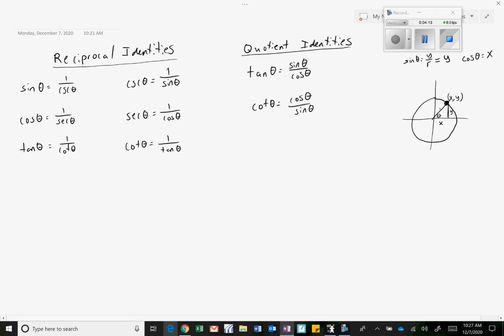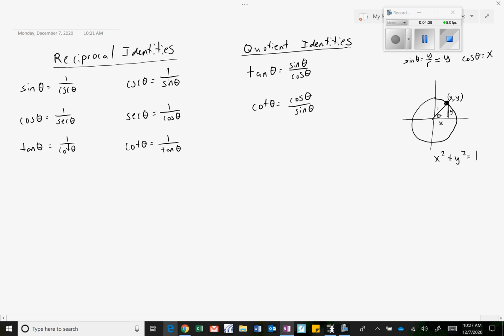If I'm looking at my unit circle here with sine of theta being y and cosine of theta being x, and of course I know that my radius here is 1, then I can apply my Pythagorean theorem, way back in geometry, a squared plus b squared equals c squared. I can apply that here where I have x squared plus y squared equals 1, right? But truly, what is x?